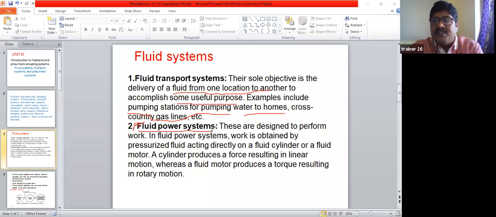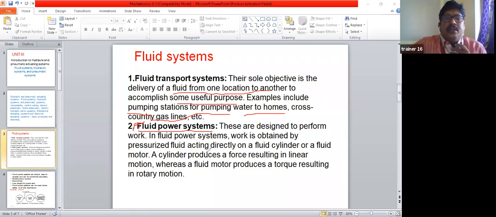Just as in the mechanical actuator gears transmit power, here the fluid power system transmits power to activate the system, thereby we can get our desired output with good accuracy.